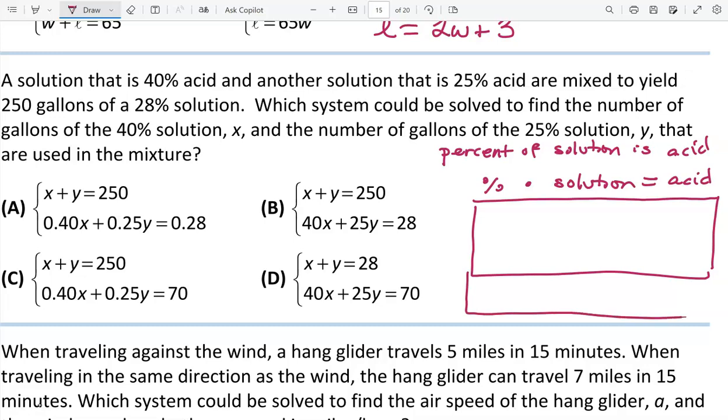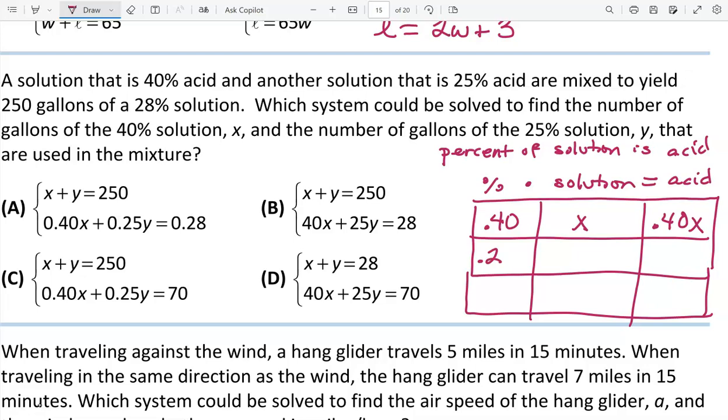For a mixture problem, we actually generally have 3 rows. The percent of the first solution that we're mixing together is 40%, and that will be written in decimal form, 0.40, and the amount of the solution is x, that's defined by the question, and so the amount of acid contained there would be 0.40 times x.